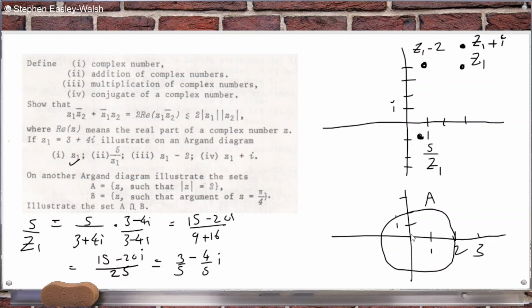So maybe not the origin, but everything at a 45-degree angle here, and that's B. Oh, and illustrate the intersection. The intersection is here and here.